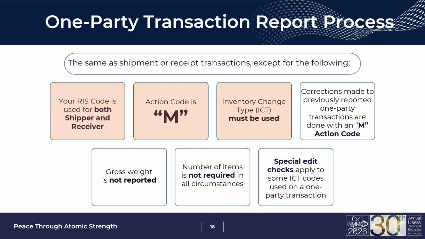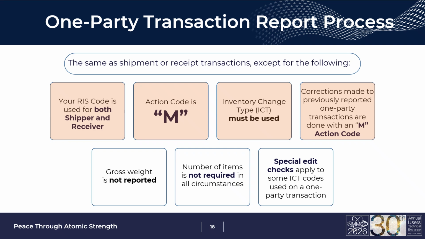We are introducing a new NIMS report code called the Inventory Change Type, ICT, which will be used when reporting one-party transactions. This code will delineate whether quantities being listed are increasing or decreasing inventory for a given type of material.